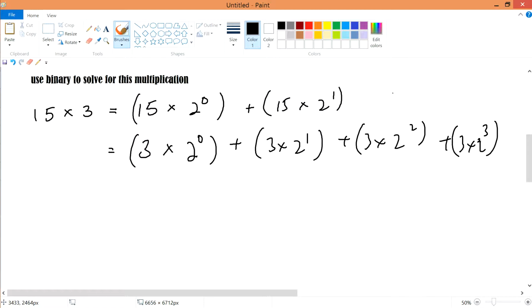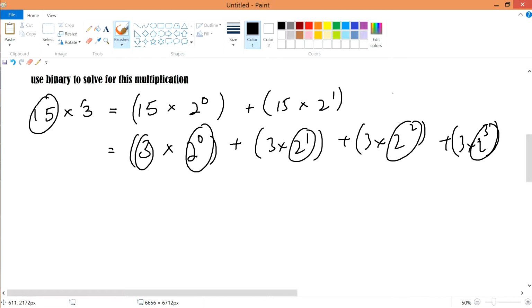This is the longer method. 2 to the power of 0 is 1, 2 to the power of 1 is 2, 2 to the power of 2 is 4, 2 to the power of 3 is 8. So 8 plus 4 is 12, 12 plus 2 is 14, plus 1 is 15. So your 15 can be represented by these 4 binaries, while your 3 is kept constant.